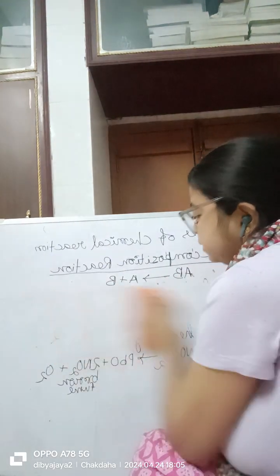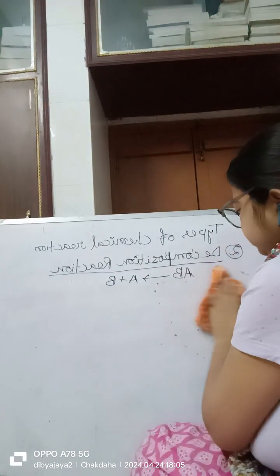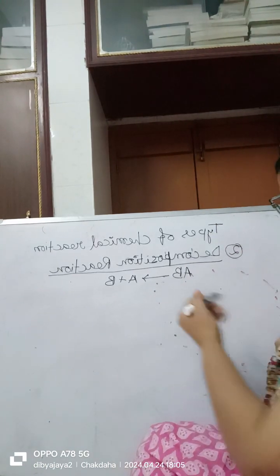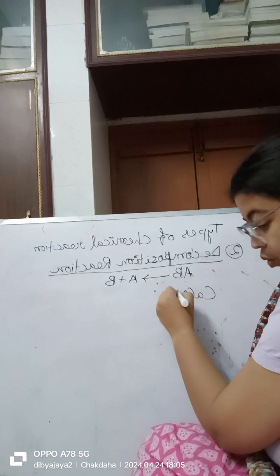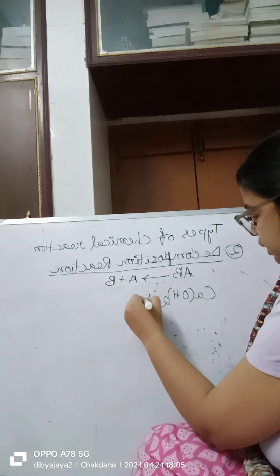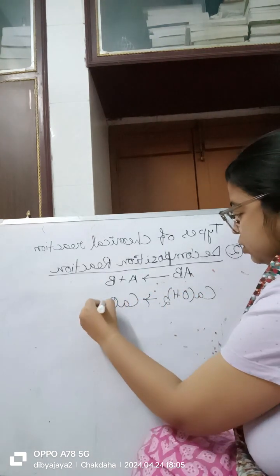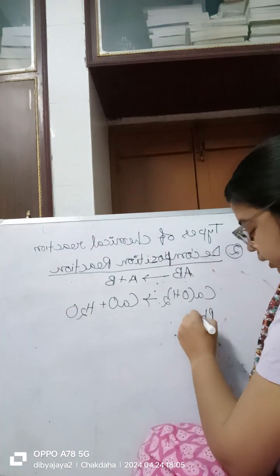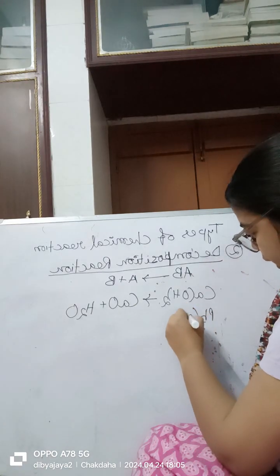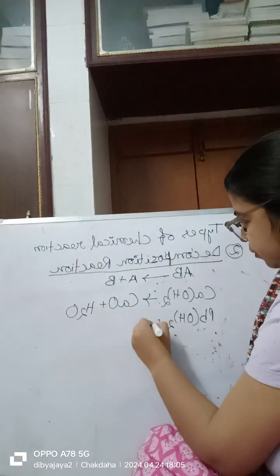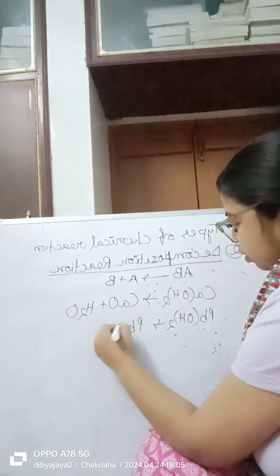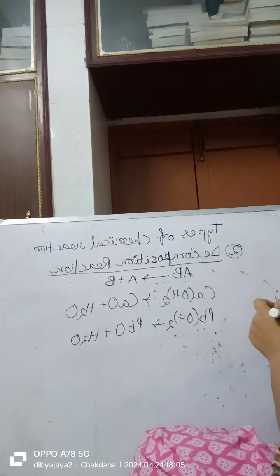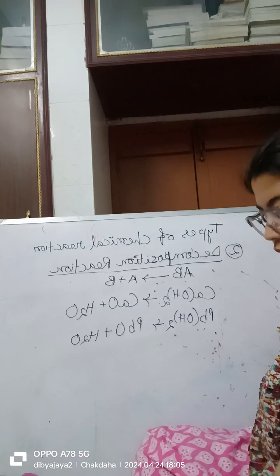Example, suppose Ca(OH)2, then we get by decomposition CaO plus H2O, like Pb(OH)2, then PbO plus H2O. These are the metal hydroxide decompositions.